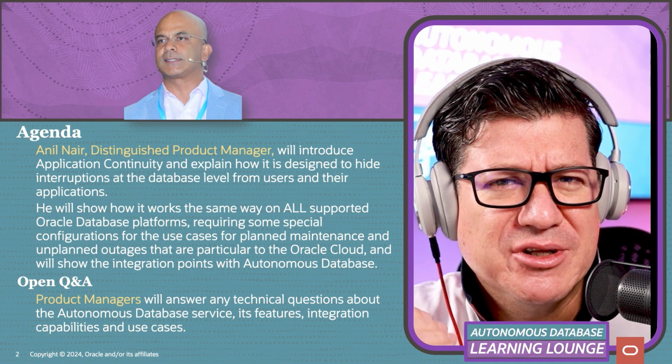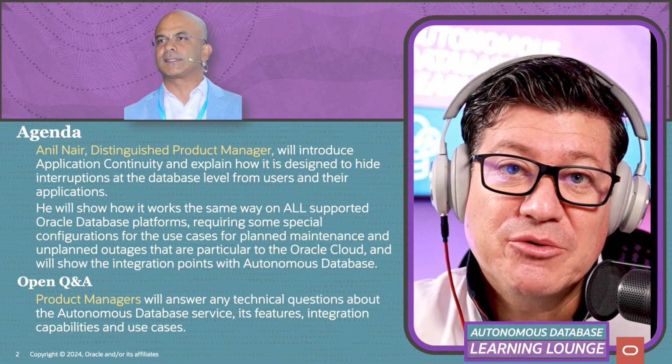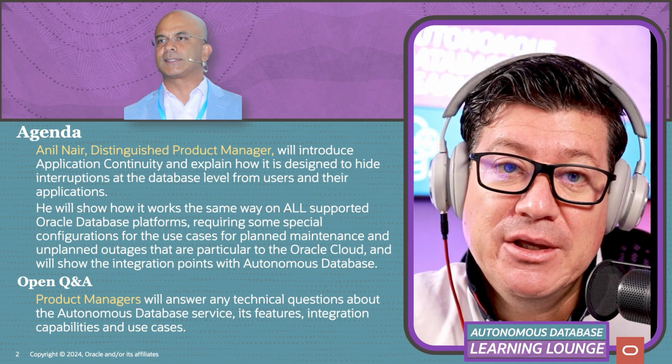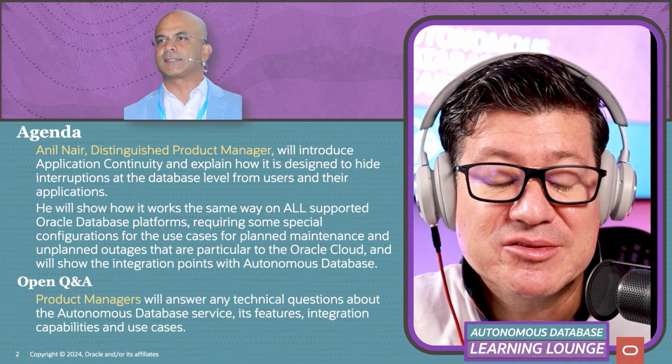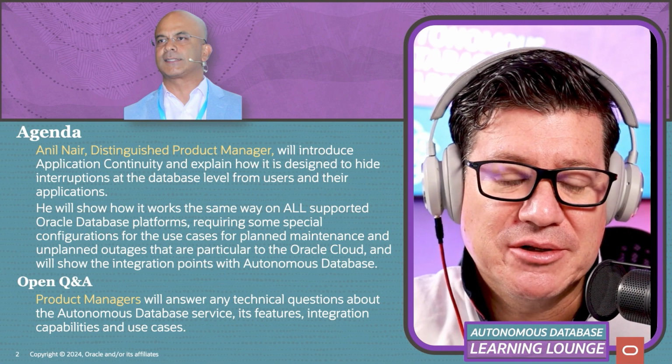He's also going to talk about how it is designed to hide any interruptions at the database level from your application. He'll show how it works the same way for all the different databases, and focus on some Autonomous Database use cases in particular.